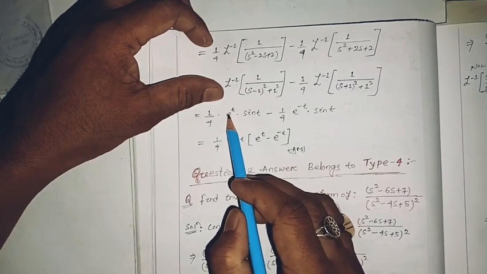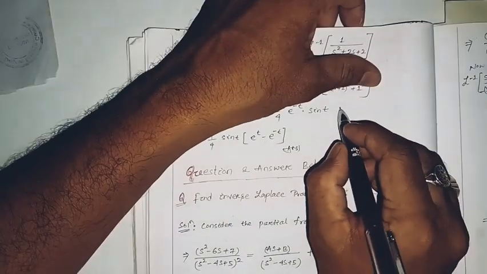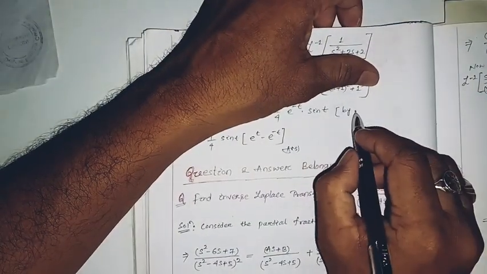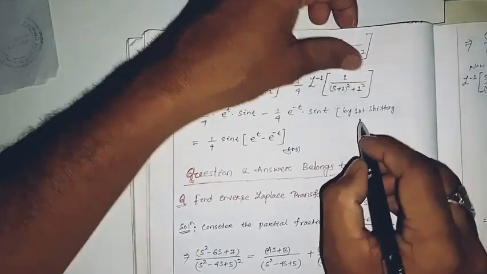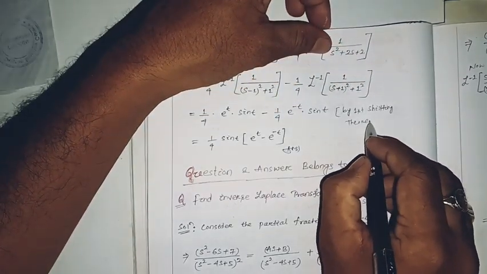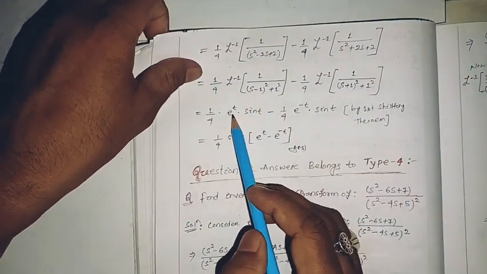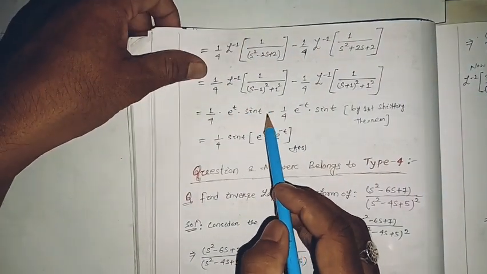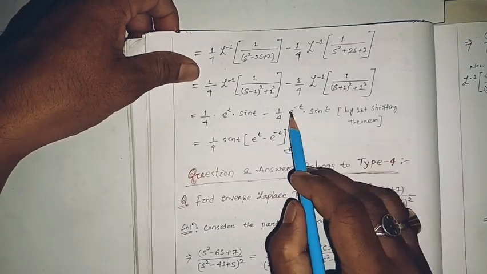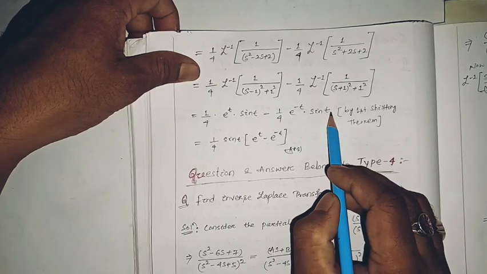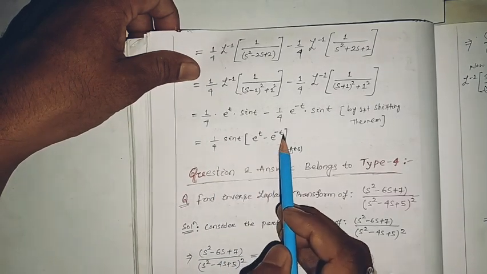So it will be e^t into sin t, minus 1/4. Here it is s minus of minus 1, so it will be e^(-t) into sin t. So the final answer will be 1/4 sin t taken outside, (e^t - e^(-t)) is your answer.